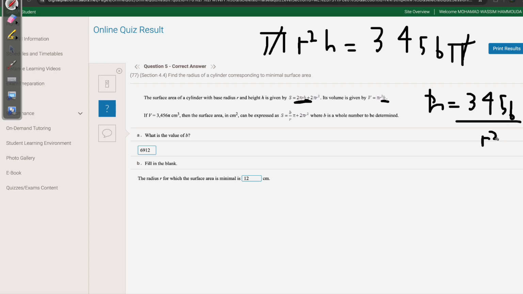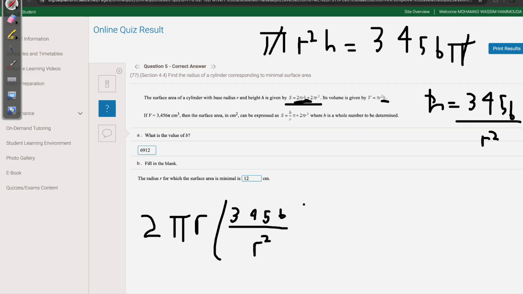Okay, so now what we're gonna do is substitute in this equation, the one for the surface area. So 2 pi r, and then h, as we said, is 3456 over r squared plus 2 pi r squared.